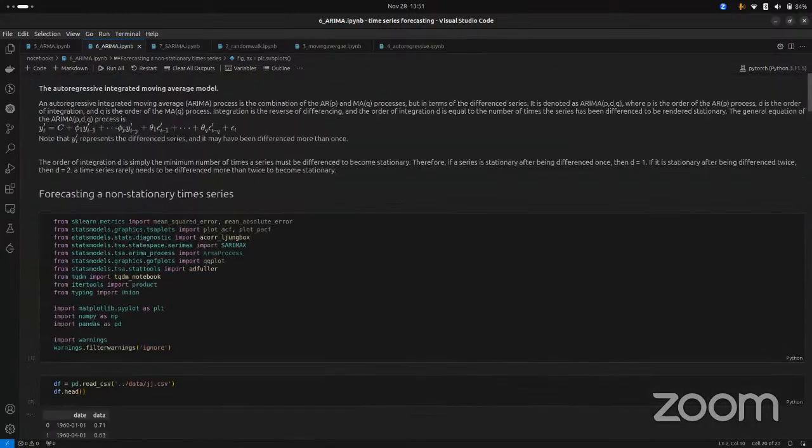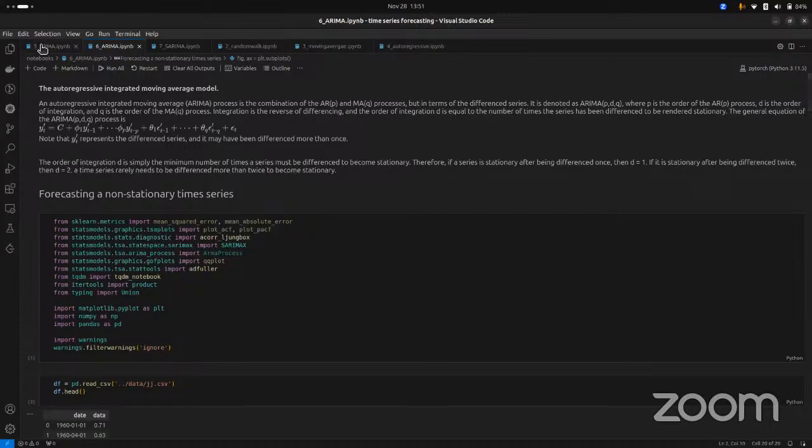The ARIMA model is just the ARMA with the integrated part in between: the autoregressive integrated moving average model. So what's the fuss about? It's the combination of the AR and MA processes, but in terms of the differenced series.